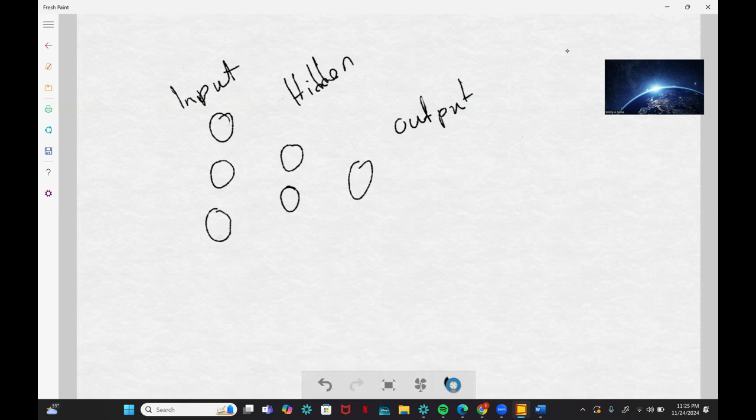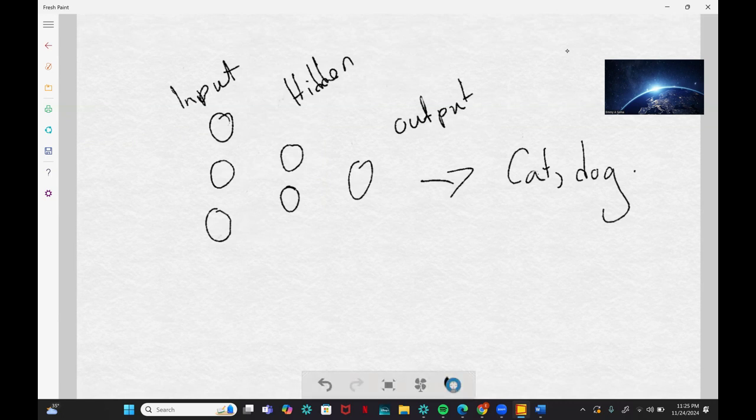These are our three layers. These layers interact with each other to create an output. And the output could be a prediction. For example, let's say you're trying to build a neural network that's going to take an image and predict if that image is a cat, a dog, or some other animal.